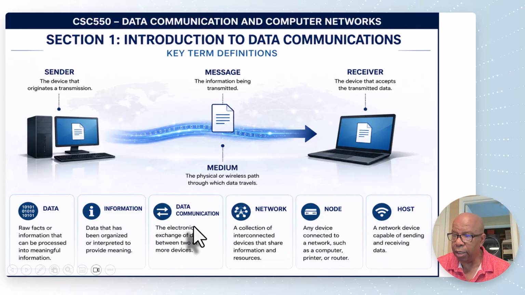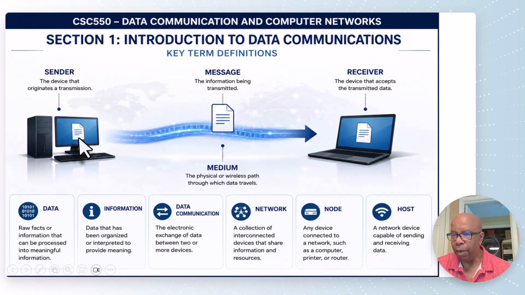A network is a collection of interconnected devices that share information and resources. A node is any device connected to the network, such as a computer, a printer, or a router. A host is a network device that is capable of sending and receiving information.